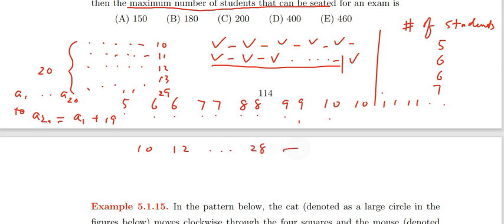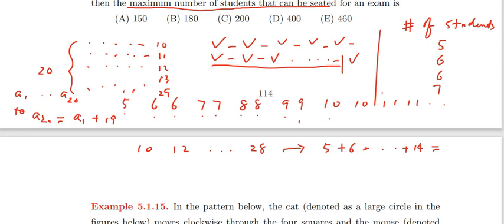So how many students from them? Half, right? So this is equal to 5 plus 6 plus up to 14. From 10 to 28, from 5 to 14, how many numbers?